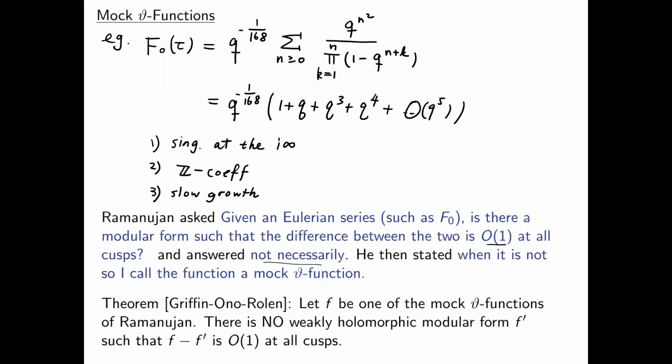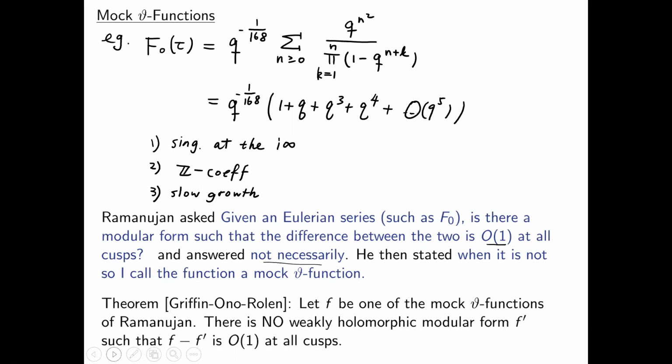Actually, this 'not necessarily' he didn't prove, and it was only proven recently by three mathematicians, which says that indeed, if f is one of the mock theta functions of Ramanujan, then there is no weakly holomorphic modular form f prime such that the difference is finite at all cusps. So exactly what Ramanujan stated.